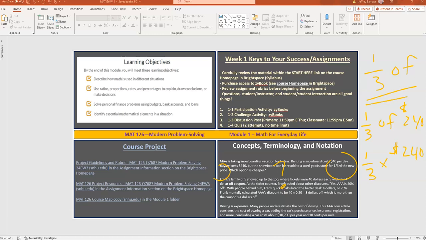I'm going to turn 240 into a fraction because we know that 240 divided by 1 is still $240. So the quick math to figure out what Mike would get in return is to take the product of 1/3 times 240. The ones would cancel, and what we're left with is 240 divided by 3, which means that Mike would be able to sell back the board for $80. So just a quick idea in that regard.